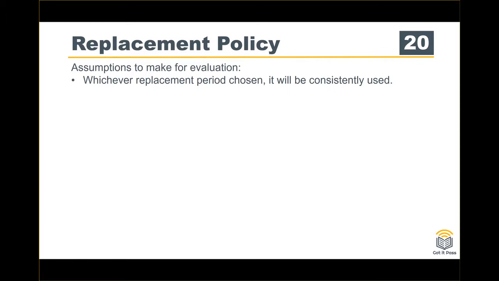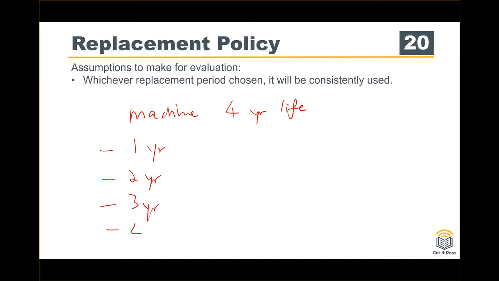Just like the example we showed before, for example, you have a machine with a 4-year life, and you have a 1-year policy, a 2-year policy, a 3-year and a 4-year policy. So how to make the evaluation?